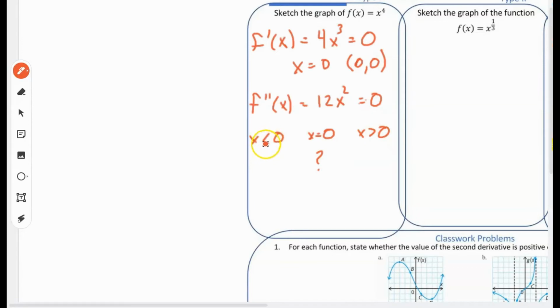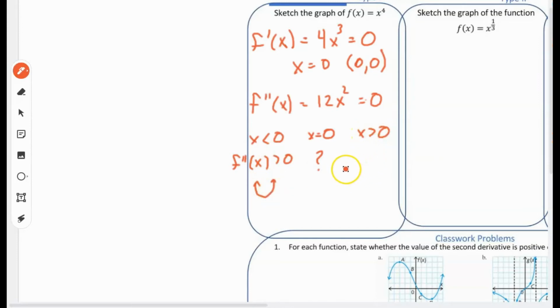So when x is less than 0, take any negative number like -2. -2 squared is a positive number. So that means the second derivative is greater than 0. So we get a concave up shape.